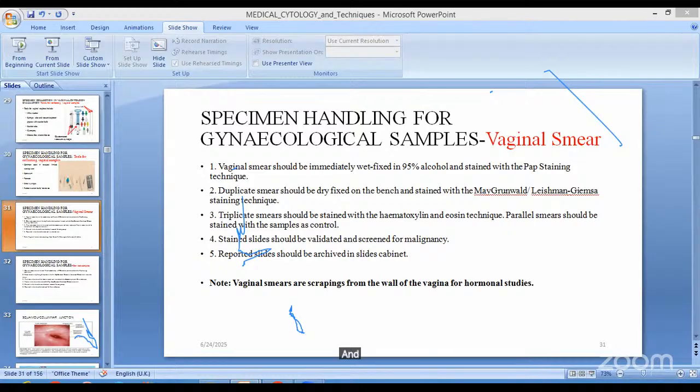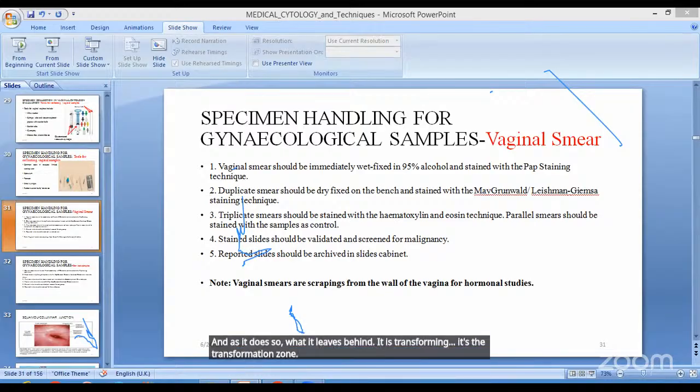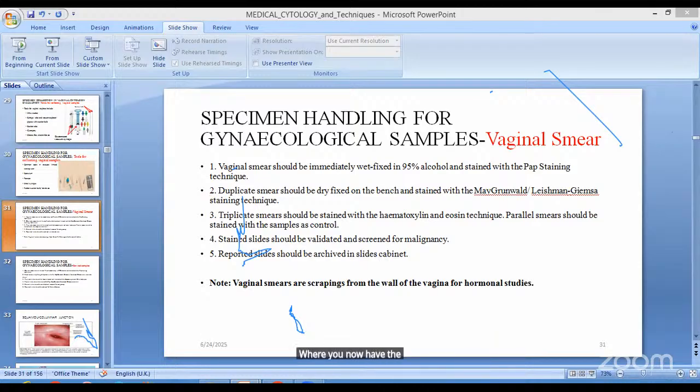And as it does so, what it leaves behind is the transformation zone, where you now have the columnar cells transforming into stratified squamous cells. This is important. You can see the TZ on this slide. It is a transformation zone. The columnar epithelial cells will more often than not soon become stratified. And at that zone, you have what is called metaplastic cells.